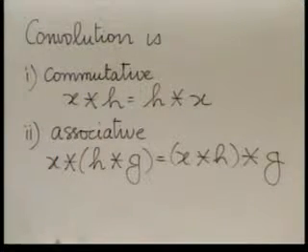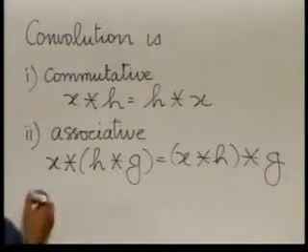We bring up now a third property of convolution, namely its property of distribution over addition.